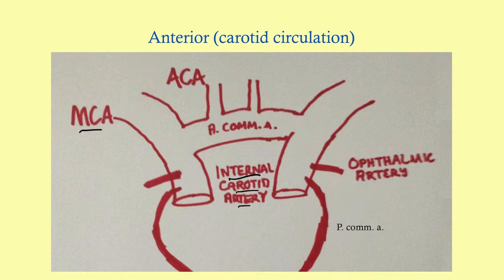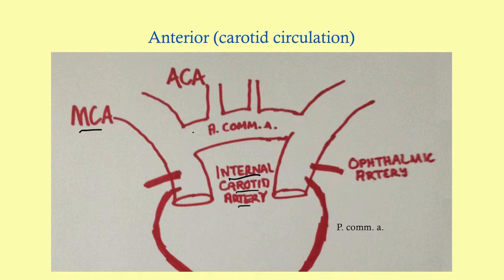And the MCA is going to go, as we've mentioned, to the lateral part of the brain, the lateral part of the cerebrum. It comes off the internal carotid artery, it continues into the lateral sulcus, and it gives off various branches, primarily to the anterior temporal lobe, the lateral frontal lobe, and even parts of the parietal lobe. So it's the lateral brain, the lateral cerebral cortex.